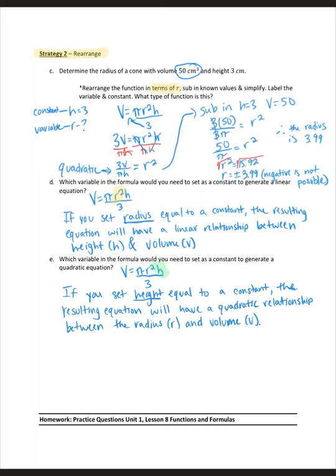Remember, because we have a squared in there, there should be two solutions, but both might not be possible.